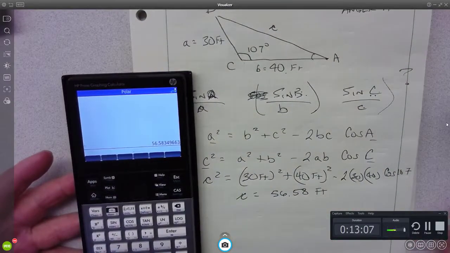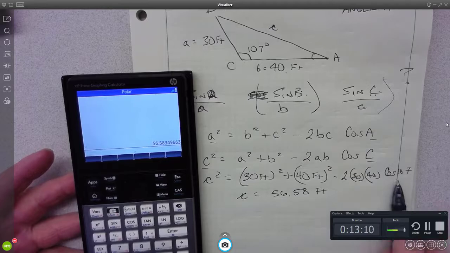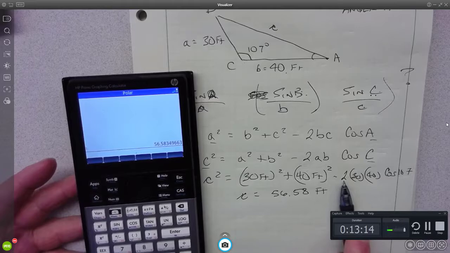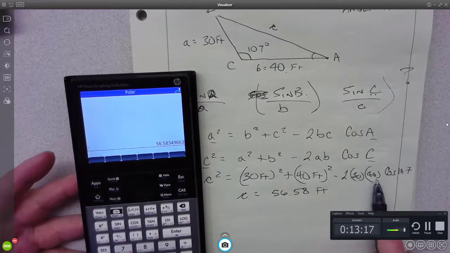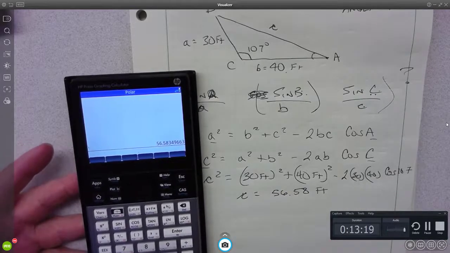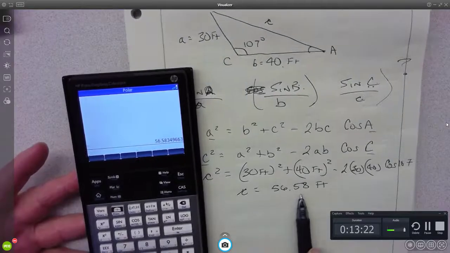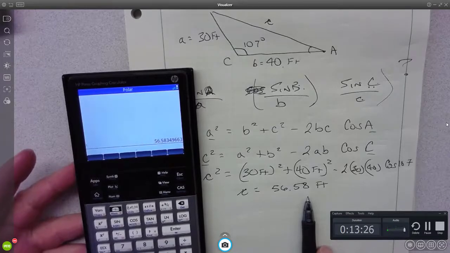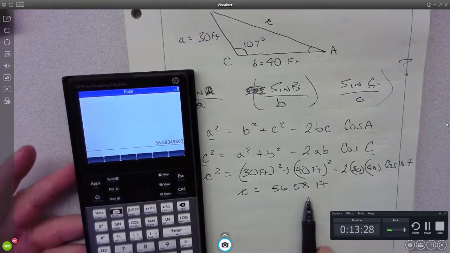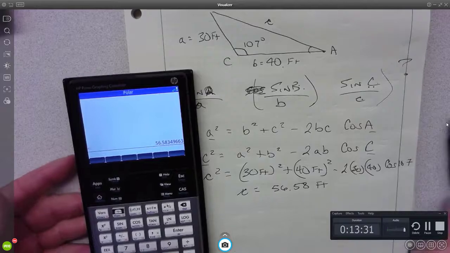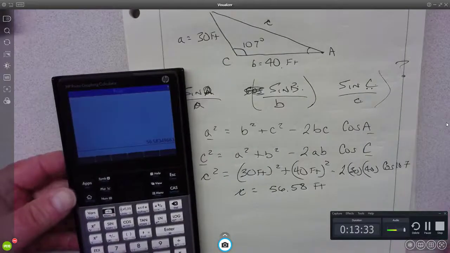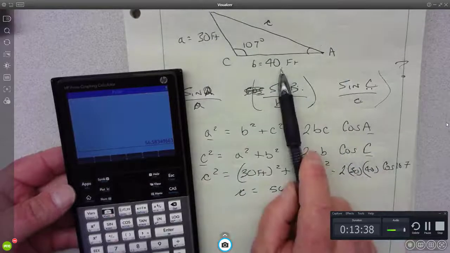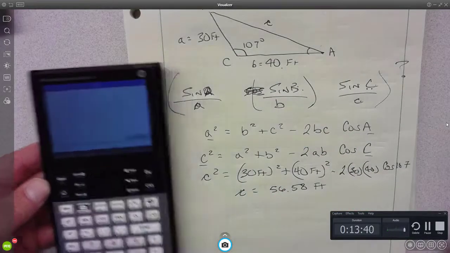Because the cosine of 107 is what? It's negative. And when we subtract a negative, it becomes positive. So these two end up adding, getting big. We take the square root, it should come back to 56.58. So be careful with that. You TI users that are using brackets, just be careful with your brackets. Should be 56.58 feet, which makes sense, right? 30, 40, this should be bigger than 40. That all kind of computes.